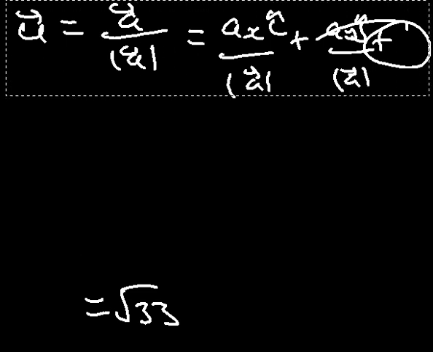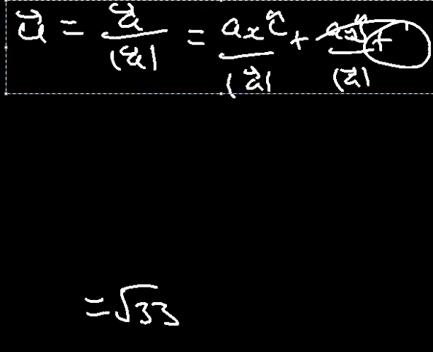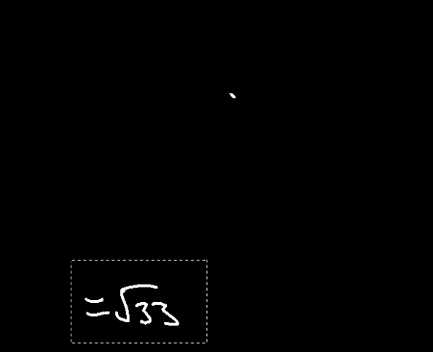So take note of that. And the direction of the unit vector is the same as the direction of the vector itself. Let's say we have a vector m.